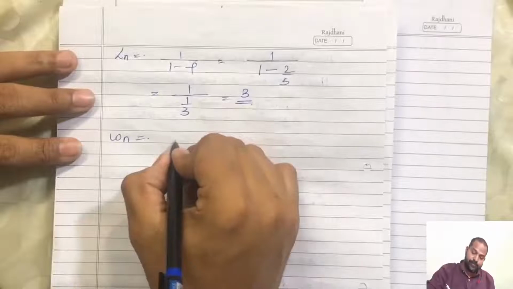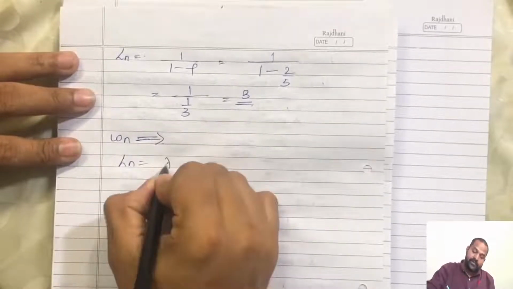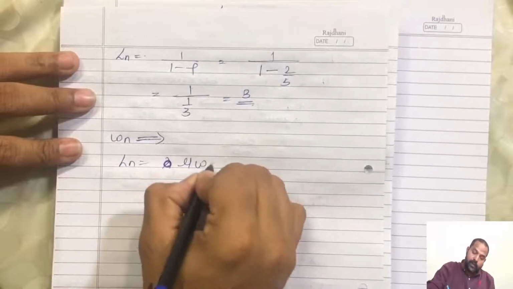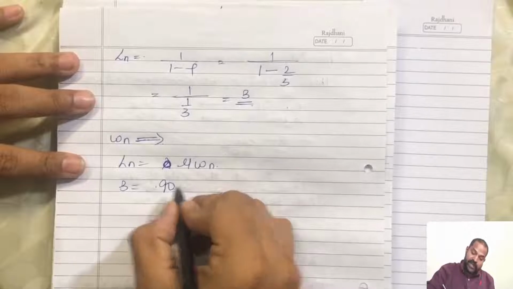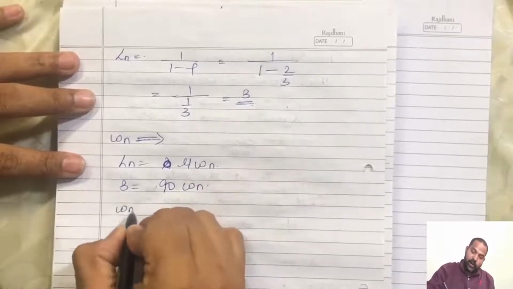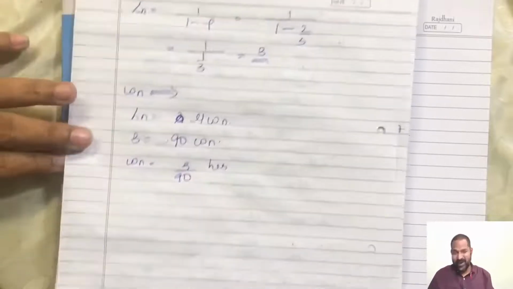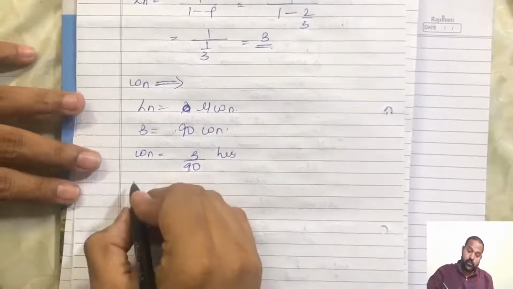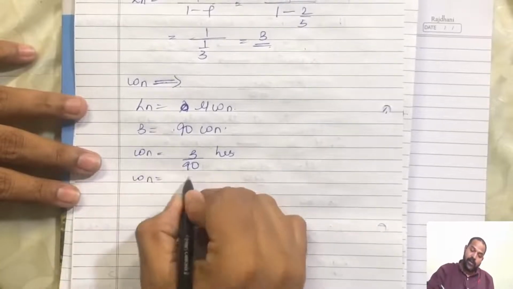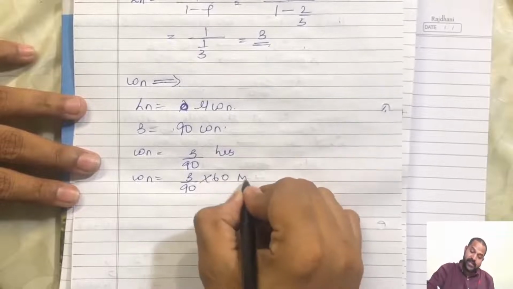So that will be Ln is mu Wn. 3 is mu, which is 90 Wn, or Wn is 3 upon 90, and this is in hours. You can divide it, but you will get a recurring decimal. I don't want to. I'll convert this to minutes. So Wn is 3 by 90 into 60 minutes.